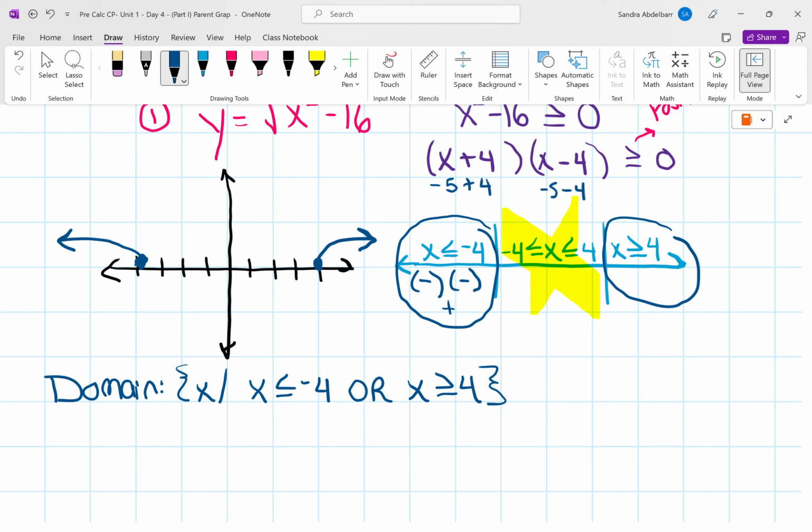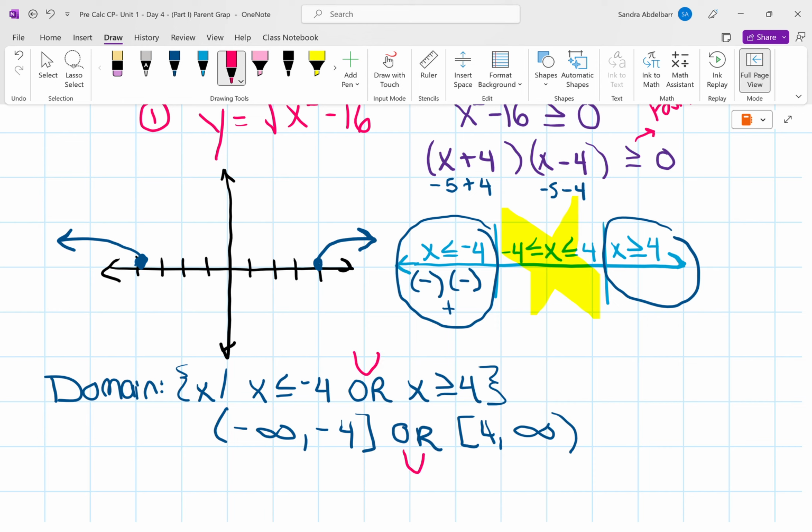If I wanted to write this in interval notation, this would be parenthesis, -infinity, comma, -4 square bracket, or square bracket 4, comma, infinity, parenthesis. Isn't the U also an or? Yeah, an or is also a U. Absolutely, that's a union, is an or, yes.